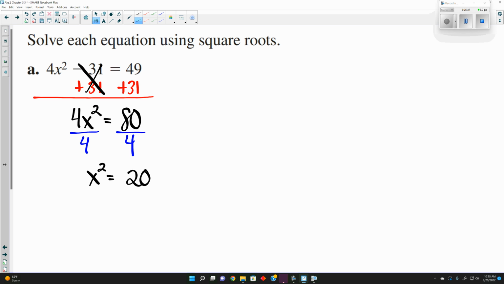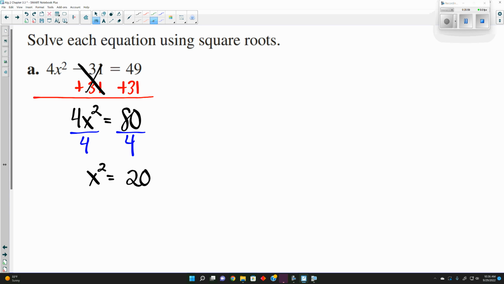20. And this is what makes the square root method nice, because now I just have x squared by itself. That's the only variable. How can we get rid of the square? So what is the method that we're using?